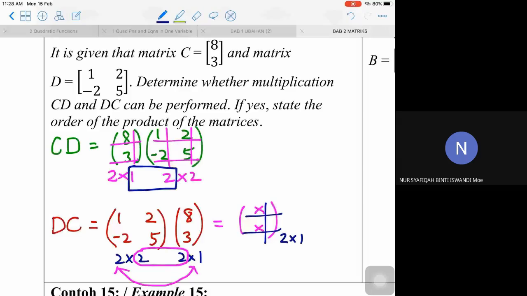Rooney kata dia lambat sikit, tapi dia sudah ada di sini. So di sini yang tidak ada ialah Joseph, and another one is Nazim, yes, thank you, Diana.